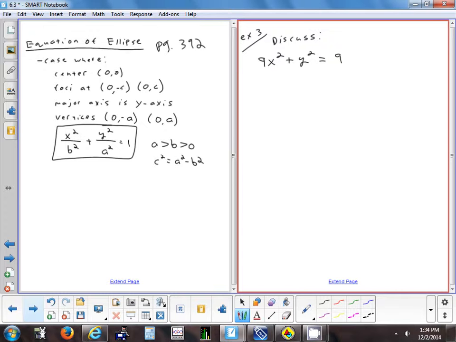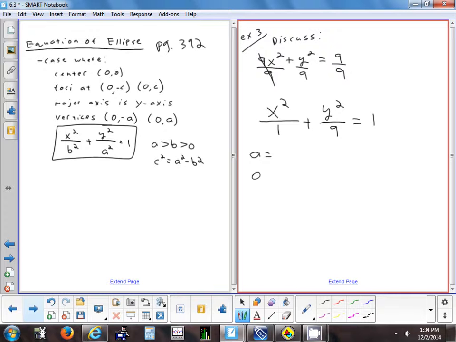I have to do it in all 3 spots to change that 9 to a 1. Yep, divide everything by 9. 9, 9, and 9. Okay, 9 divided by 9, that cancels out. So I have x squared. What could you put in the denominator if you wanted to have something there? You could put a 1. 1 squared over 9. And 9 divided by 9, 1.